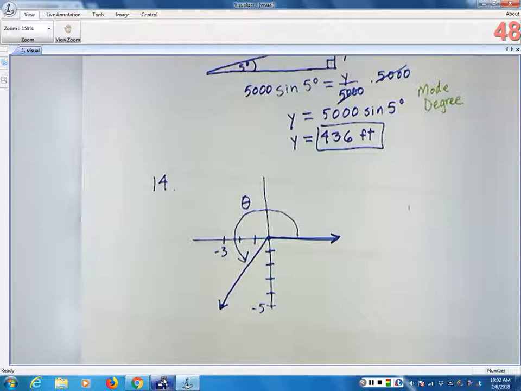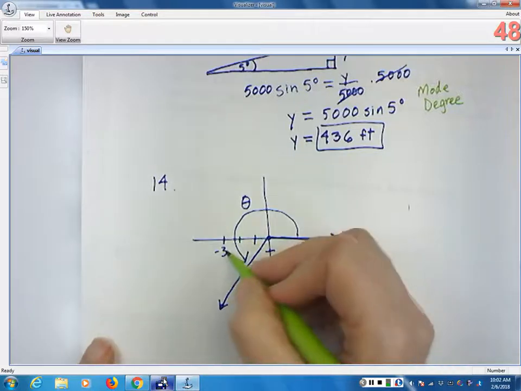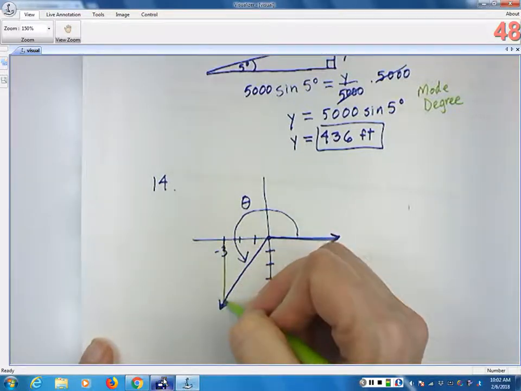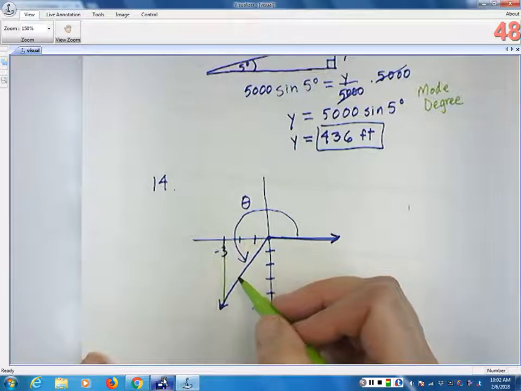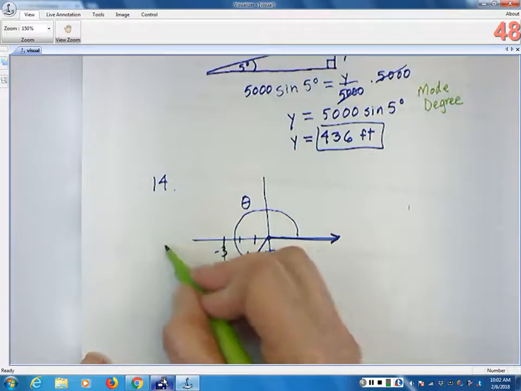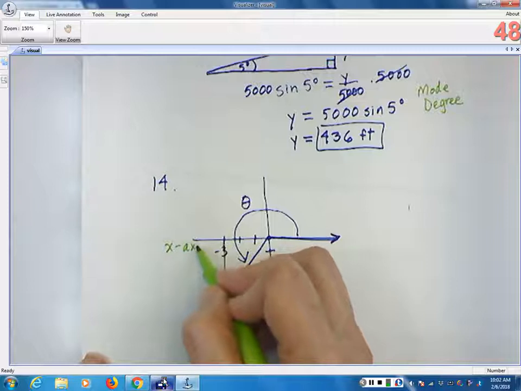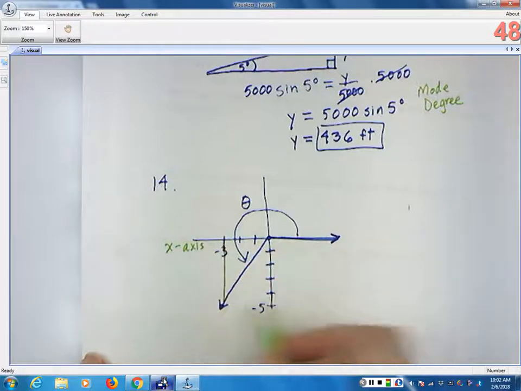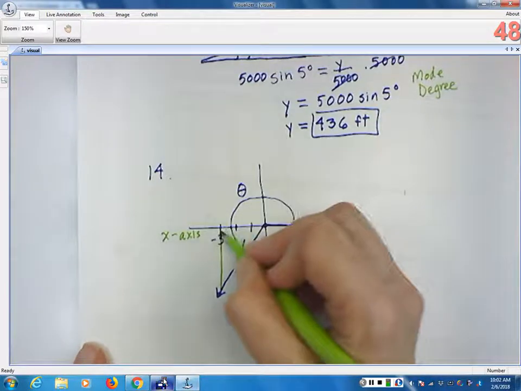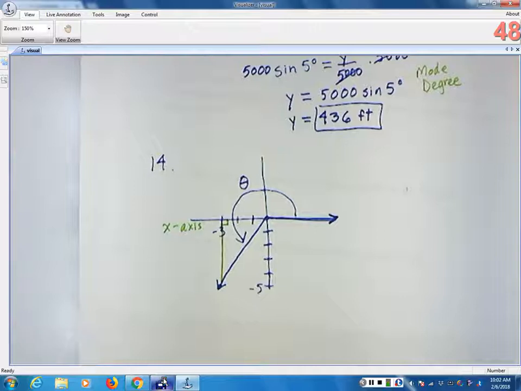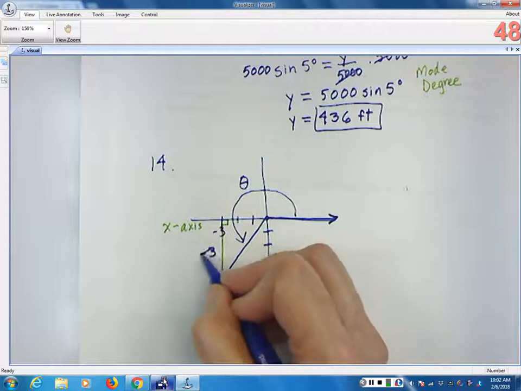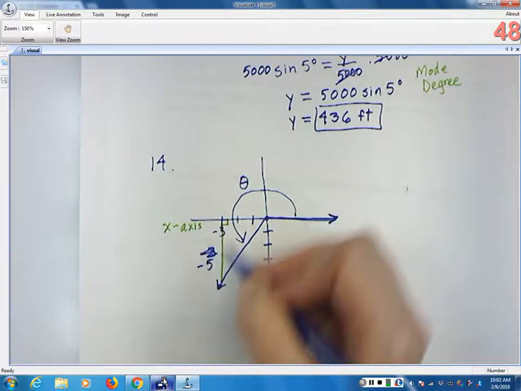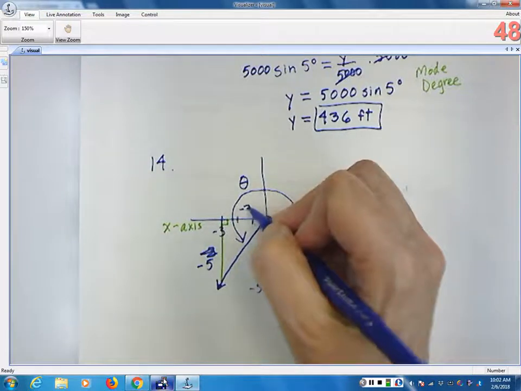Draw our triangle. We'll go from -3. We're going to draw our reference triangle. It's always against the x-axis. So the reference triangle is not drawn over here. It's drawn here. It's a right angle. So this side is -5. This side is -3.